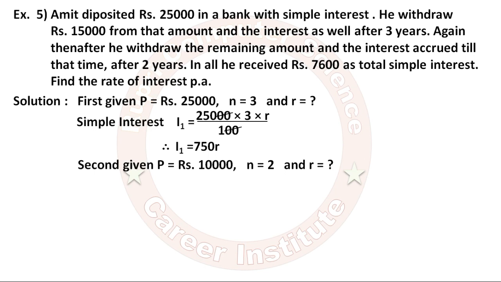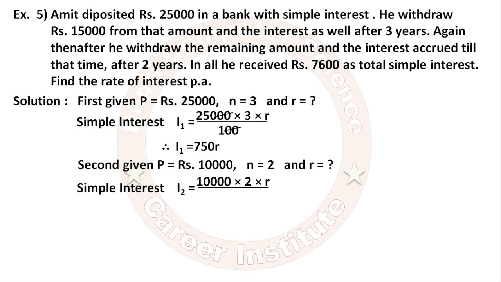Therefore, simple interest I2 is equal to 10,000 into 2 into R divided by 100.